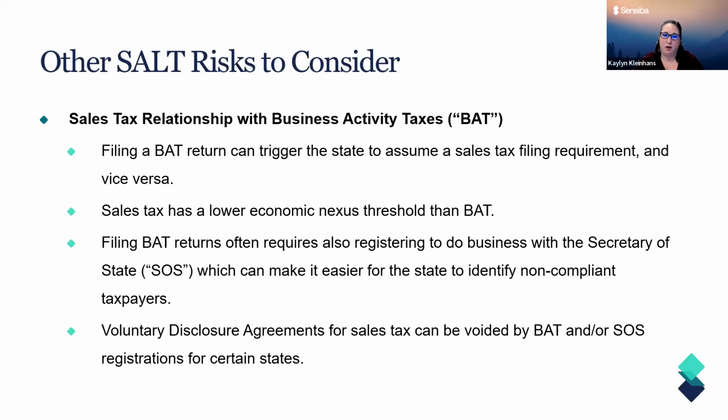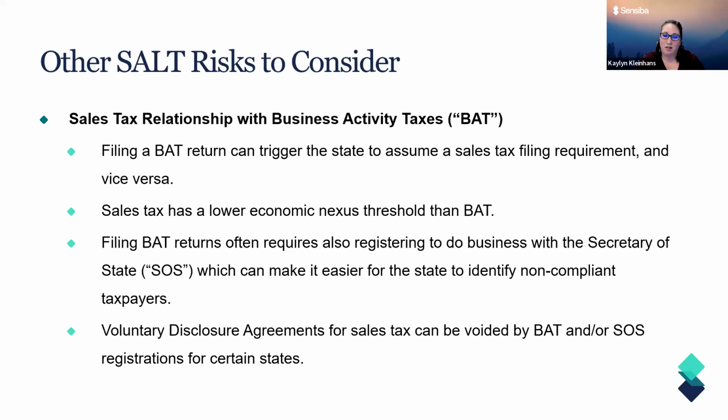One thing to consider is that voluntary disclosure agreements can be very beneficial if you have long-term historical liability. They can create a cutoff window of only looking back during the statute of limitations in the state. Also, waiver of penalties as well. And one of the key things about these agreements is that you have to make sure you qualify for them. One of the key qualifications is that you're generally not registered in the state for the type of tax that you're applying for a VDA, or sometimes in certain states, registered with the Secretary of State.